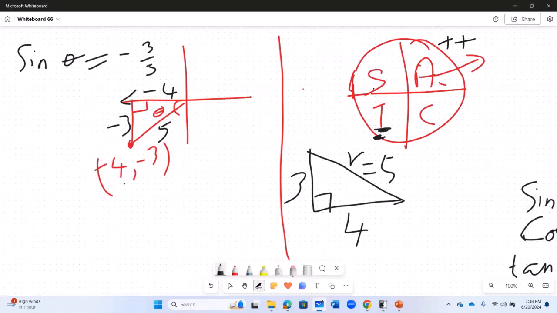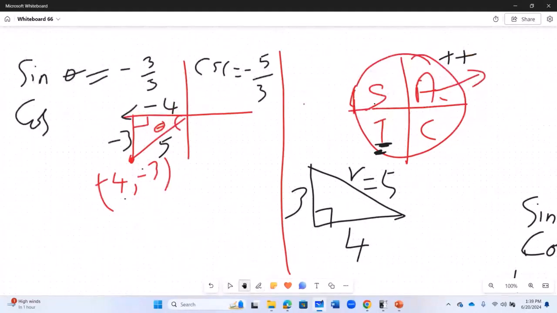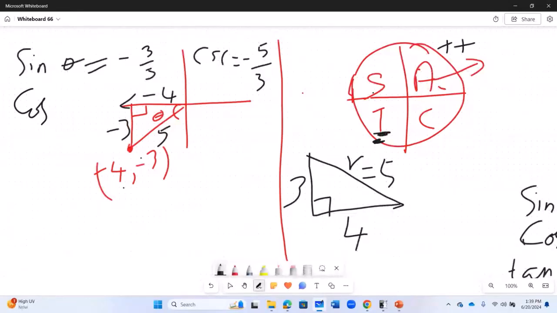Also, find the reciprocal. Cosecant of theta is negative. Put negative first before you forget. 5/3. All right. Cosine cannot be positive in the third quadrant. Remember, cosine of theta right here is equal to adjacent over hypotenuse.